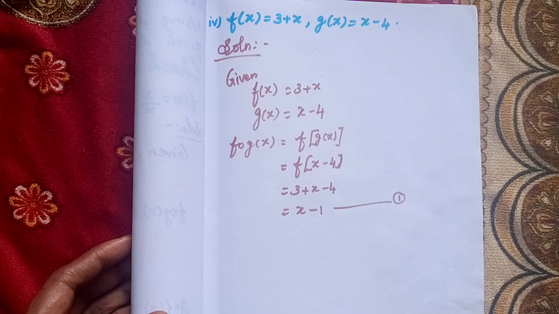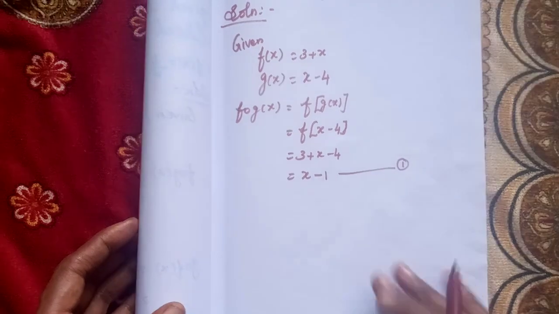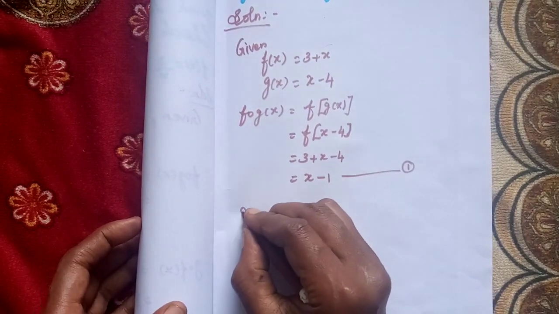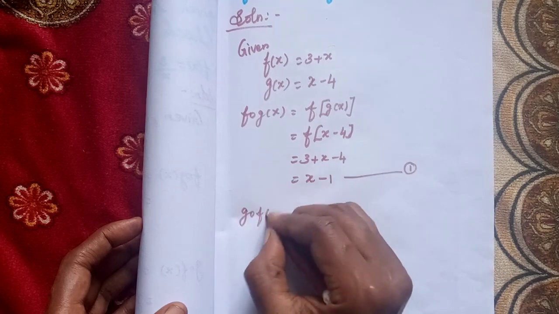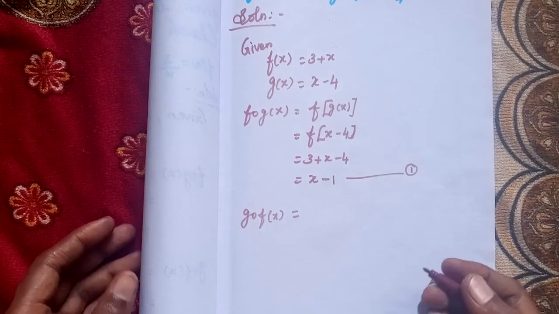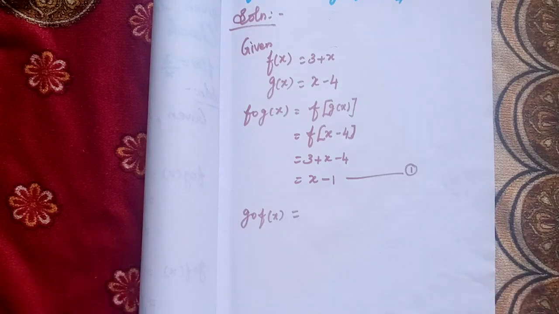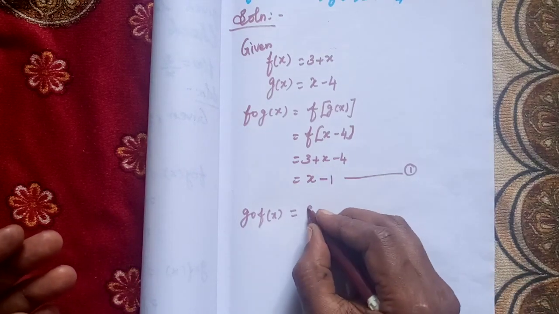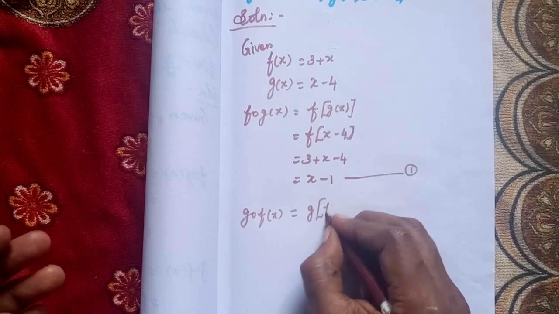Any doubt? Okay. Now the second one, g composite f of x, we want to find out. g composite f of x is equal to g of f of x.